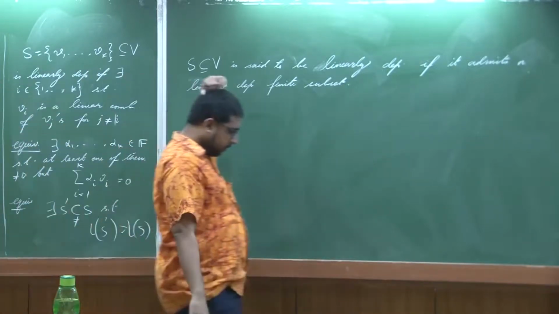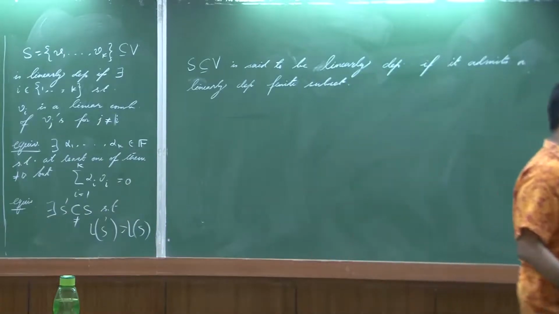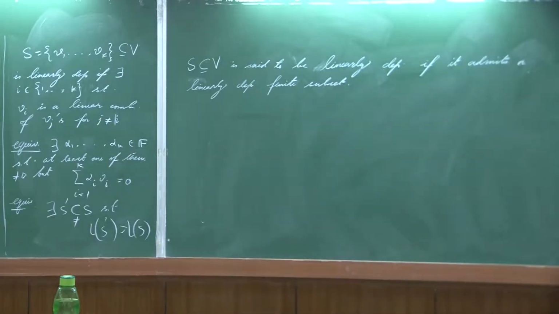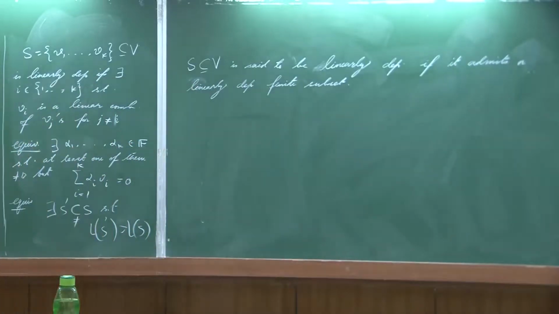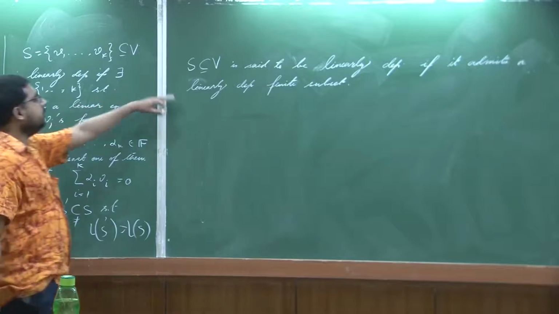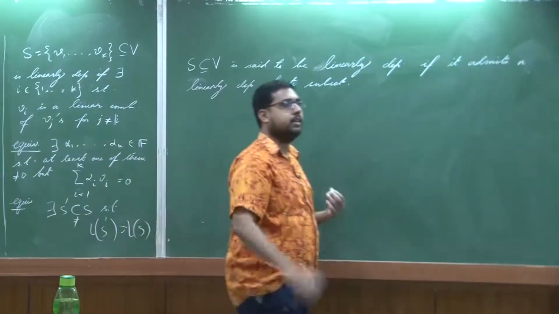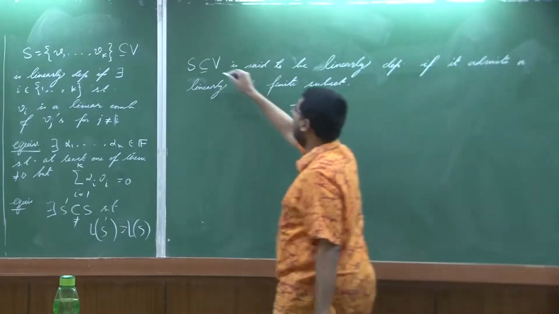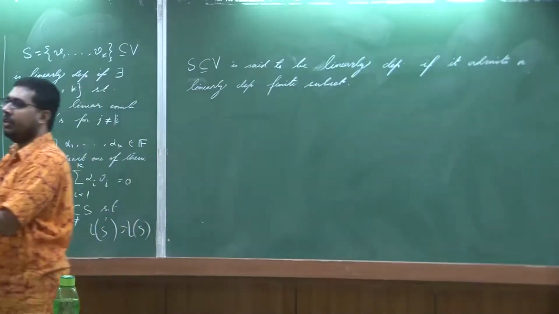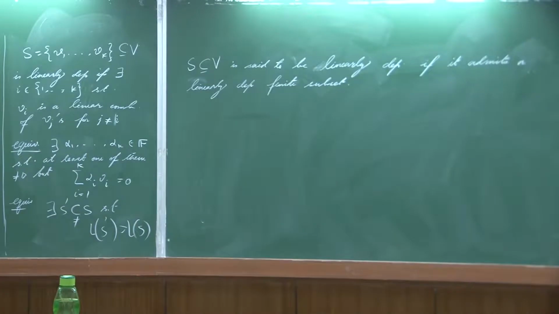Anyway, we have also defined that a finite set is called linearly independent if it is not linearly dependent. So, linear independence for an arbitrary set goes exactly in this way: we say the set is linearly independent if it is not linearly dependent.